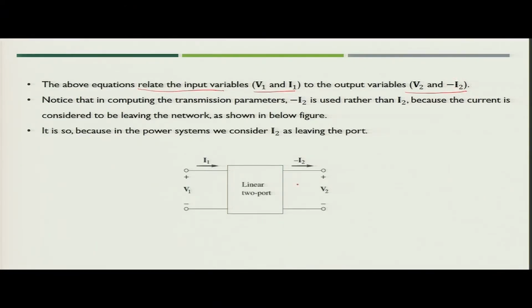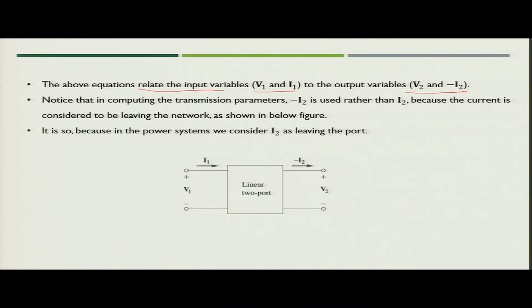In a simple power system network, V1, I1 are at the input, V2 is the output port voltage, and current generally goes out of the circuit.